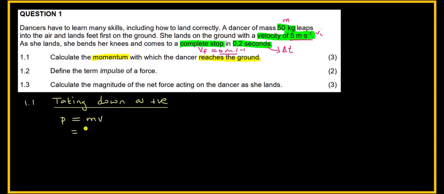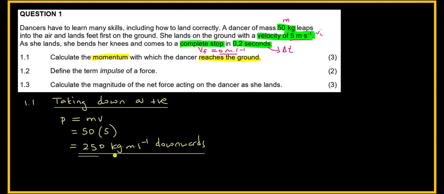The mass is 50 kg. The velocity is 5. 50 times 5 will get 250. That's kg meters per second, downwards. So that's the momentum of the girl as she lands on the ground.